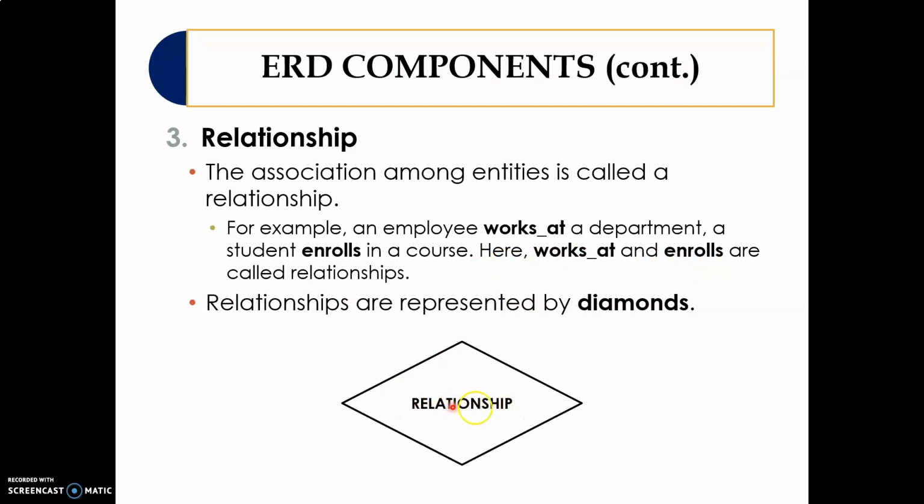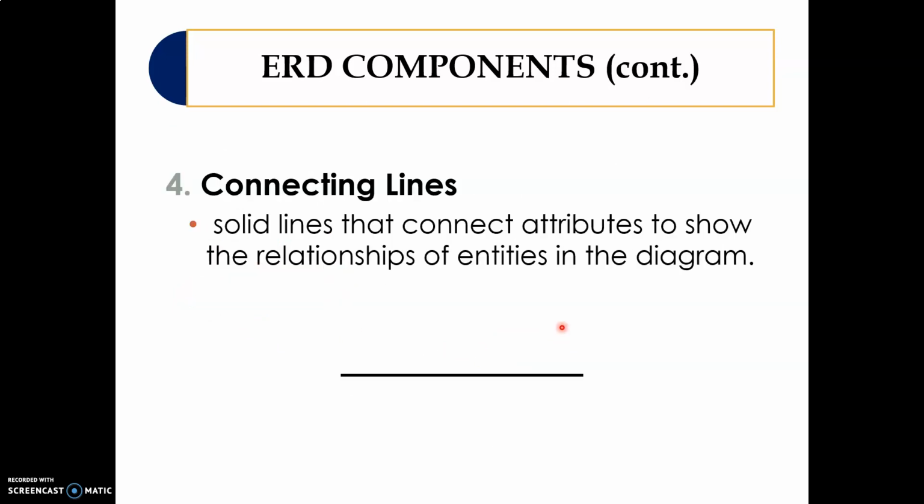You need to write works at or enrolls in the diamond, because a relationship is represented by a diamond. Next, connecting lines. It is a solid line that connects attributes to show the relationships of entities in the diagram.